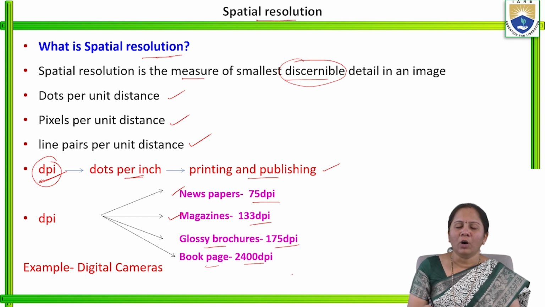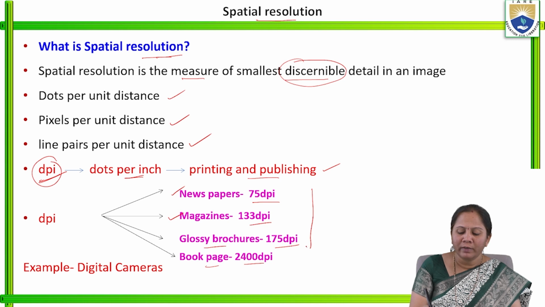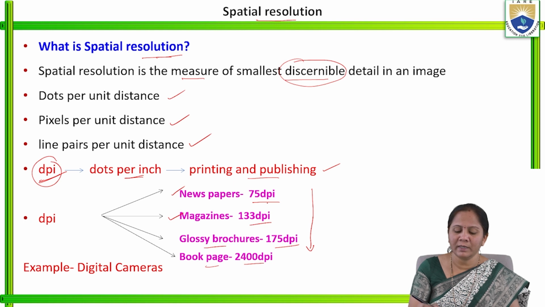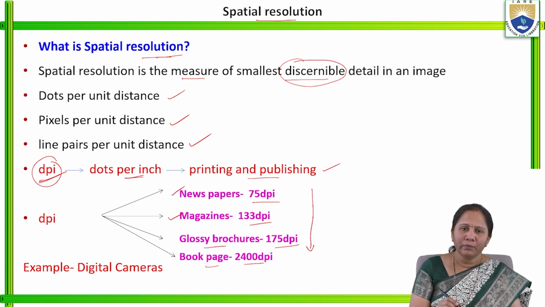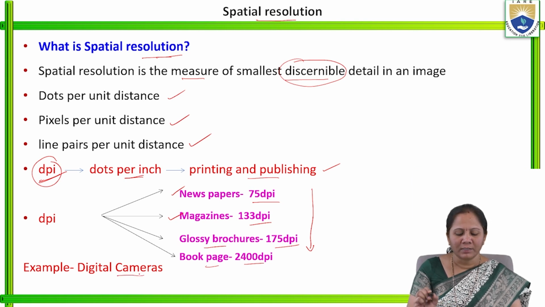So if you see all these applications, the value of dpi is increasing. So 75 dpi to 133 dpi to 175 dpi and next 2400 dpi. So we can observe as the value of dpi increases, the resolution of that particular image will increase. That means that particular image will have high quality. For example, in order to clearly understand spatial resolution, we can take a basic application like digital cameras.